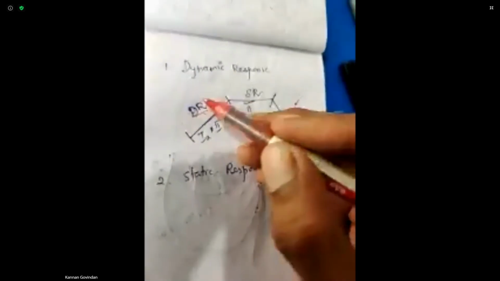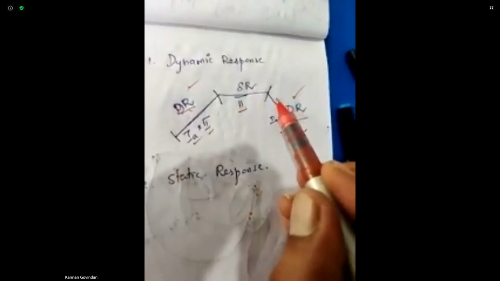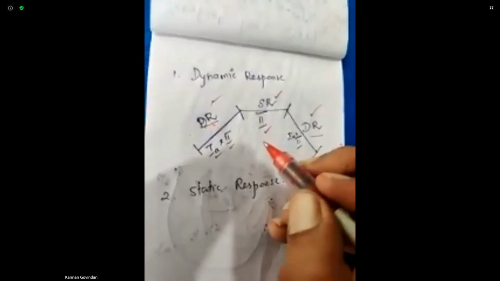During the starting phase and ending phase, we have dynamic response. During this phase, afferents will fire, with activity seen in both 1A and type 2 fibers. During the maintenance of contraction, we have only static response. There will be afferent firing only in type 2. There will not be any firing in 1A.